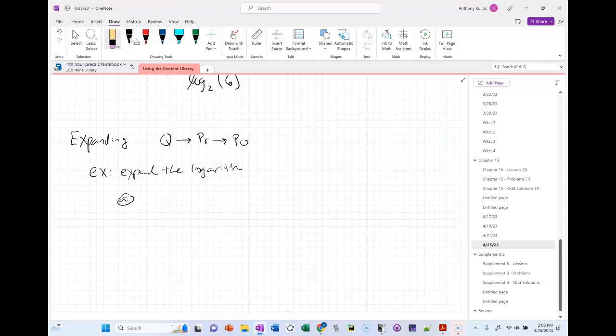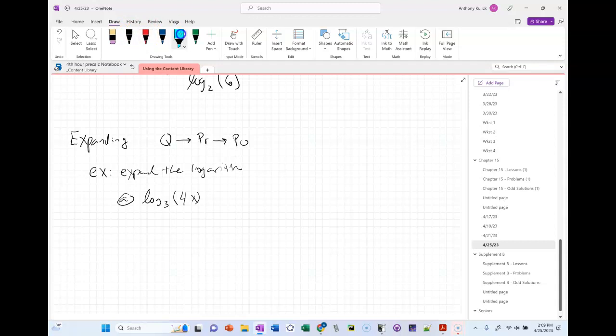When we say expand, what we're saying is that you want to start with a single logarithm and break it down into as many logarithms as possible using these properties of logs. Oops, I had 4x there before. I don't know why I wrote that 5x. Okay.